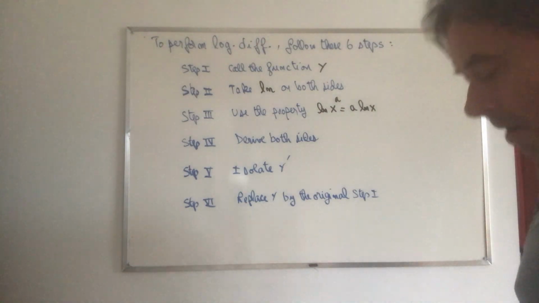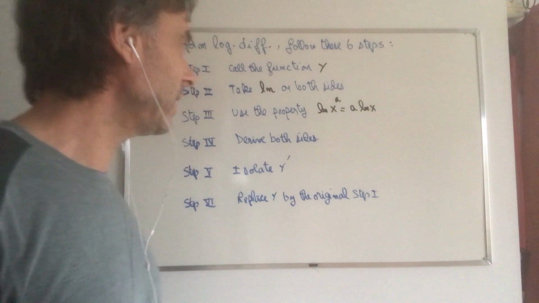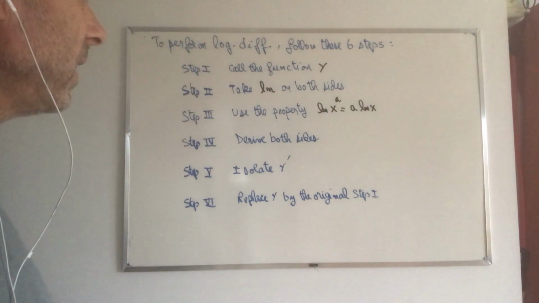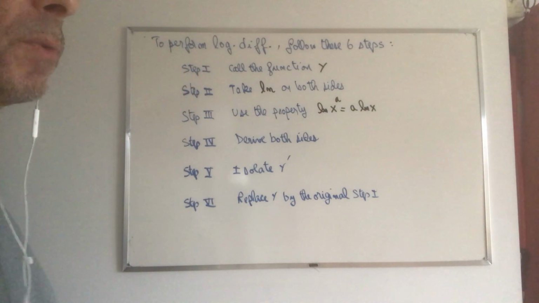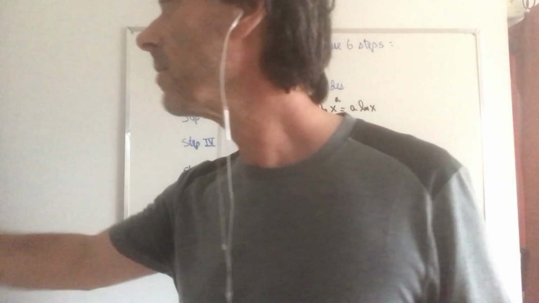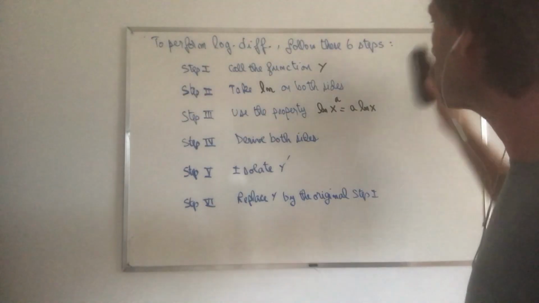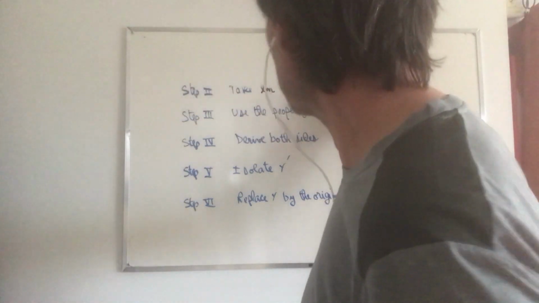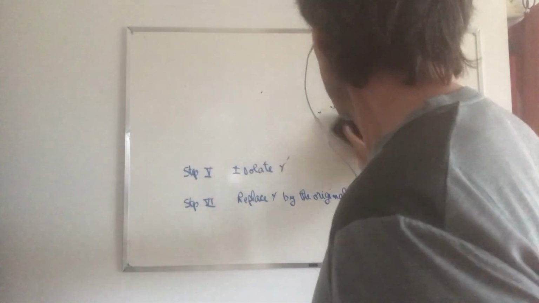So we'll keep that in mind, and we'll apply this technique, the 6-step technique, to a simple function for which logarithmic differentiation applies. We can actually work this all out on a problem.